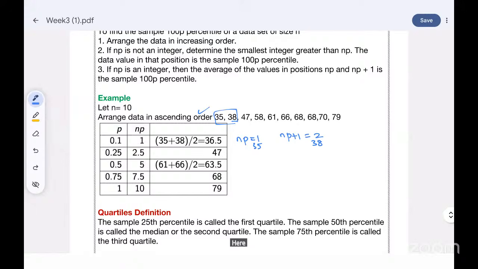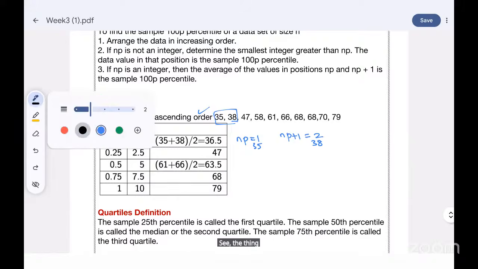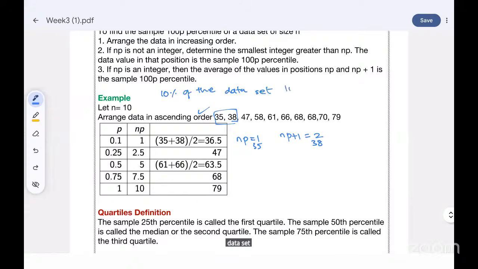Ma'am, here my confusion is that P is given as 0.1 and NP is given as 1. So 35 and 38 by 2, 36.5. Then how is it calculating that? See, what is this 36.5 telling? 36.5 is saying that 10% of the data set lies below 36.5 and 90% of the data set lies above 36.5.